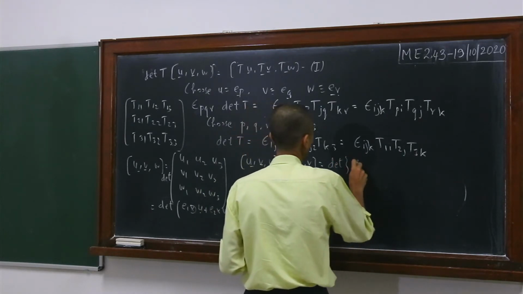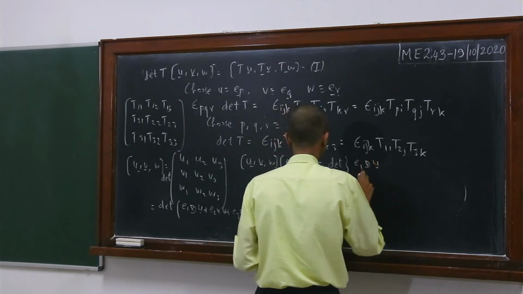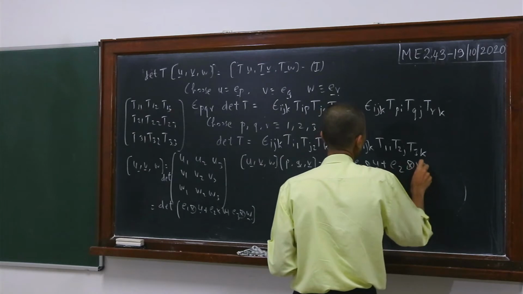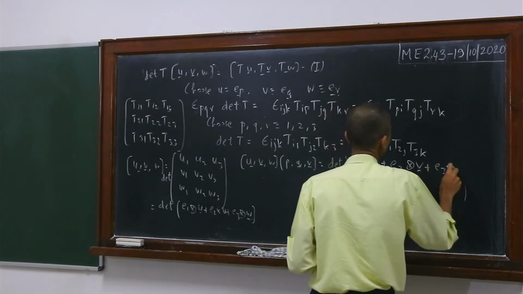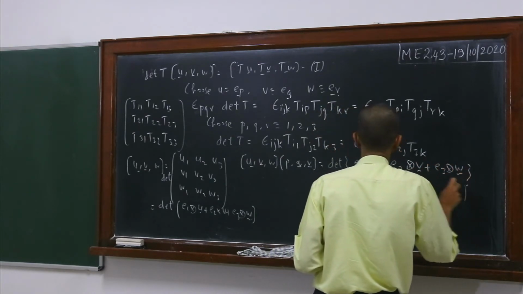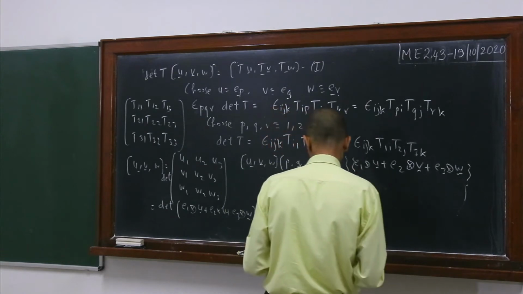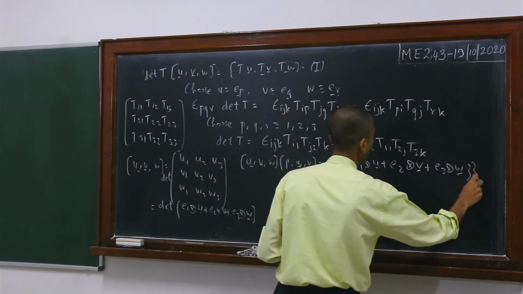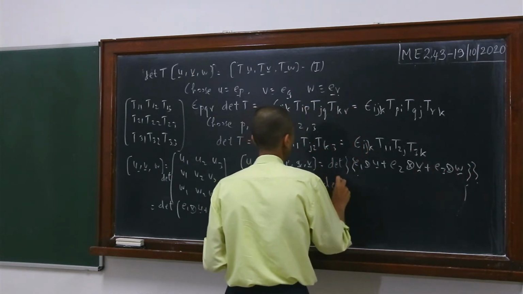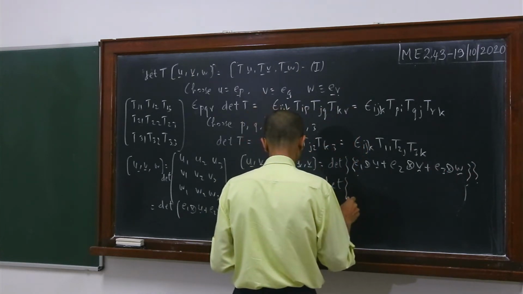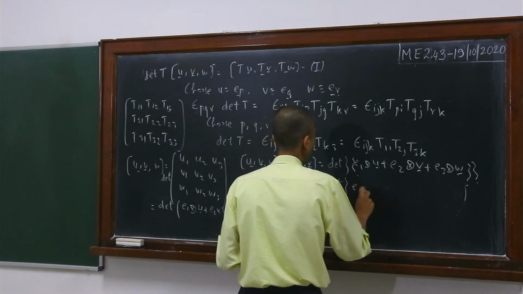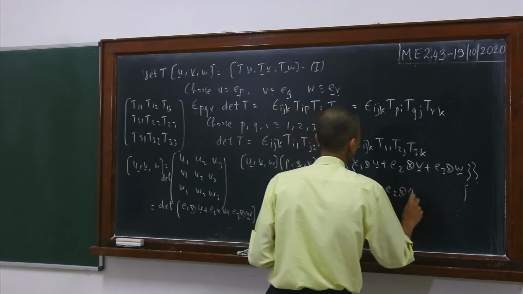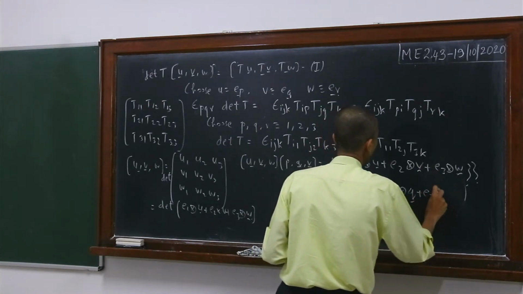So you will get determinant of e1 dyadic U plus e2 dyadic V plus e3 dyadic W, times the determinant of e1 dyadic P plus e2 dyadic Q plus e3 dyadic R.